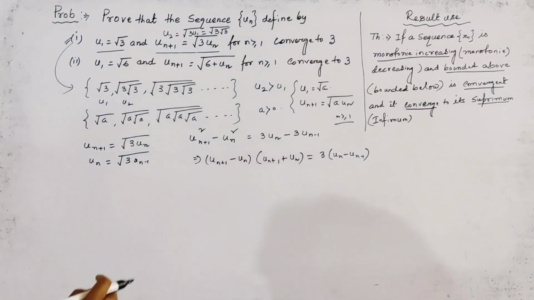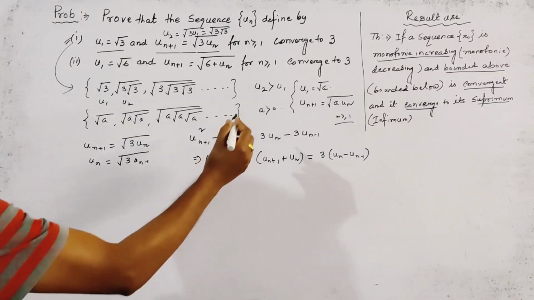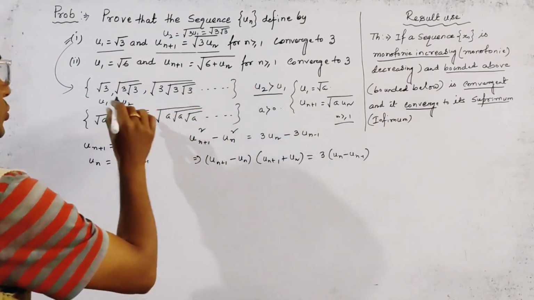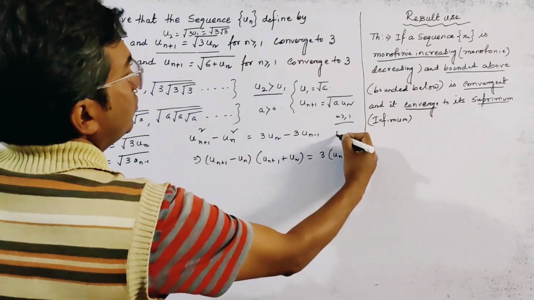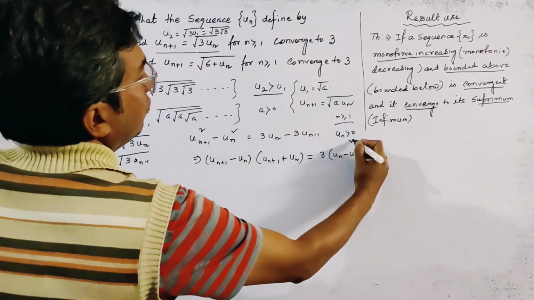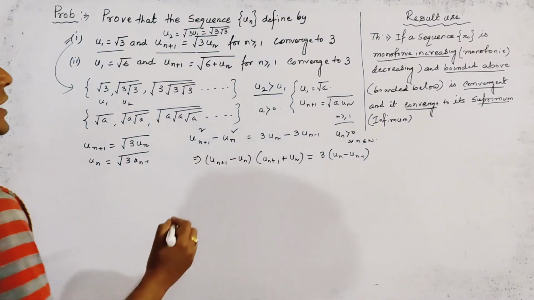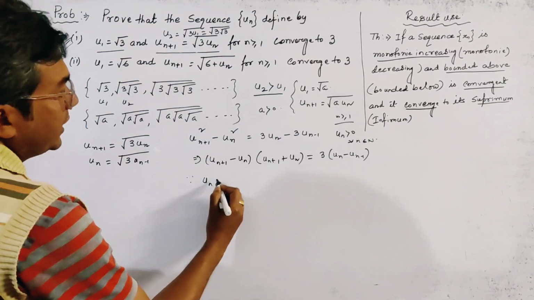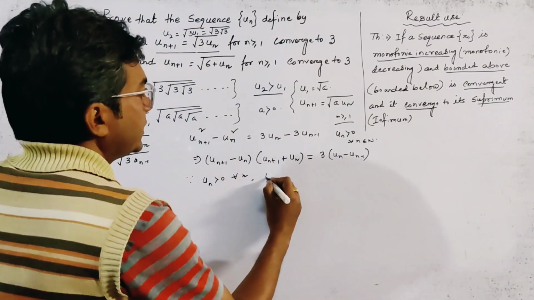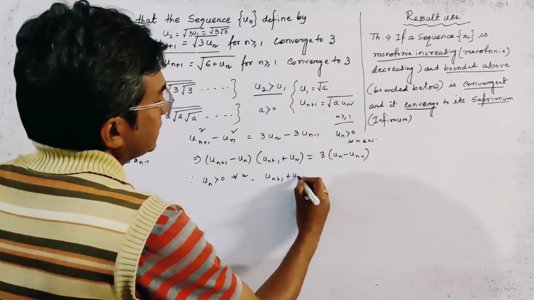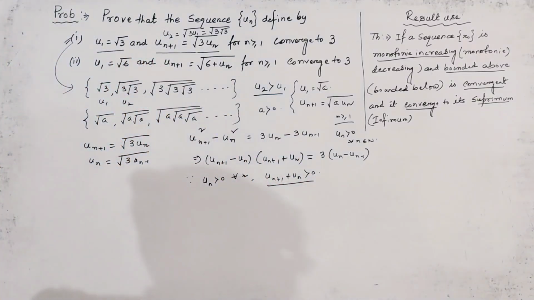Now from the given definition of the sequence, it is clear that u2 is greater than u1, and also all the terms are positive. So we say that u_n is greater than 0 for all n belonging to N. Since u_n is greater than 0 for all n, u_{n+1} plus u_n must be greater than 0 because it is the sum of two positive terms.